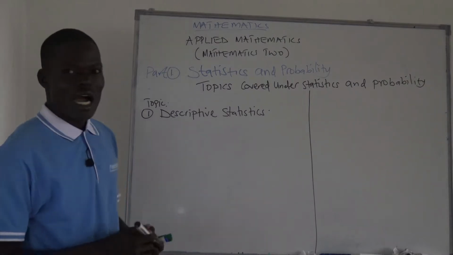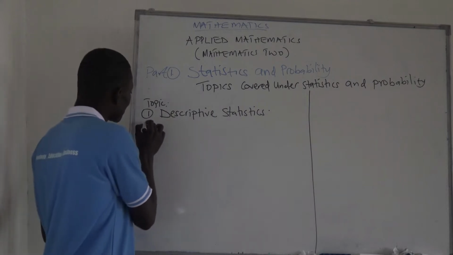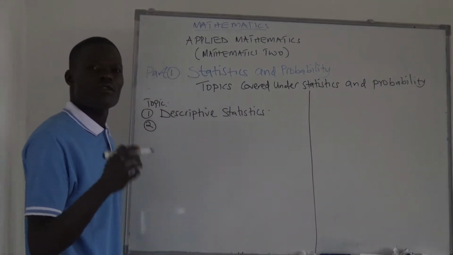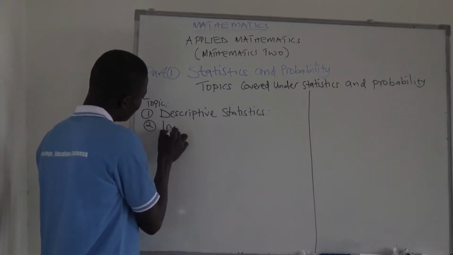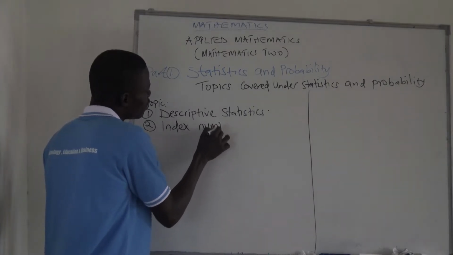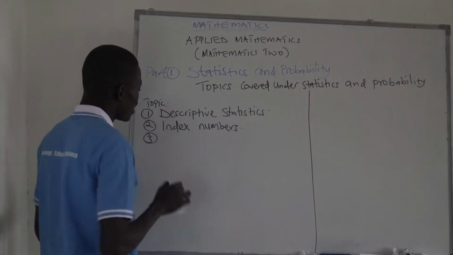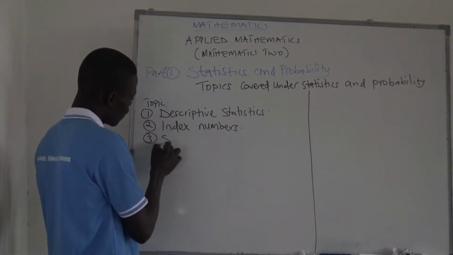And then, after covering descriptive statistics, the second topic will be index numbers. The third one will be scatter diagrams.